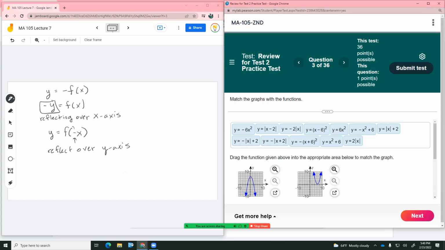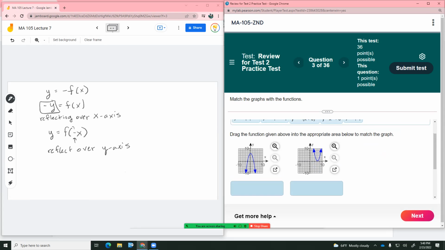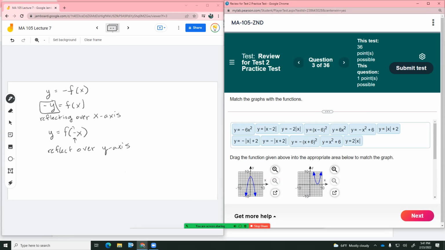Match the graphs with the functions. All right, so there's a couple of things here that we want to take a look at. First, this first one is sloping down, so we know there needs to be a negative in front. That gets rid of these. Also, it's quadratic. The way I know that is because it's smooth.